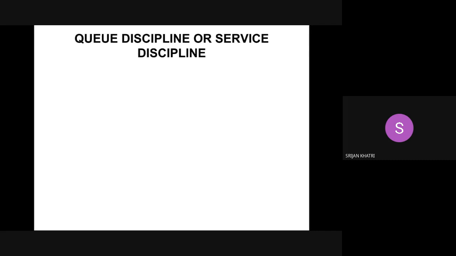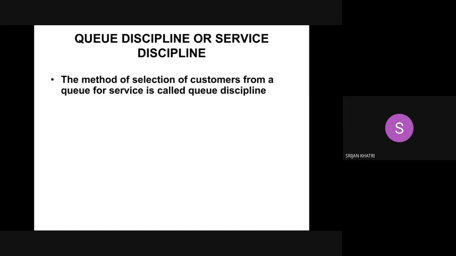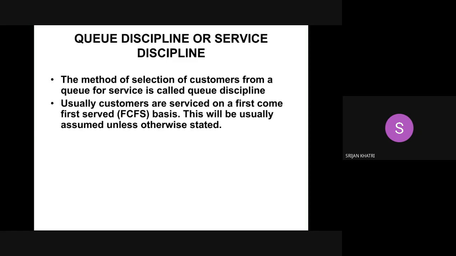So we have many disciplines, right? Method of selecting the customer. Queue discipline or service discipline is the method of selection of the customers from the queue for service. How you are selecting the customer from the queue, right?